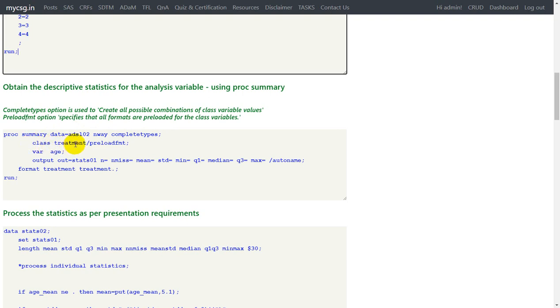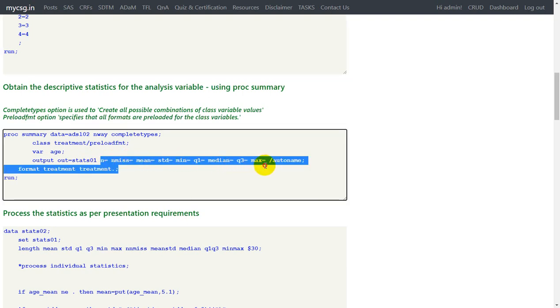On the class statement I am specifying my classification variable, which is treatment. And then on the var statement, we need to specify the analysis variable. In our example, age is the analysis variable. And then I am using an output statement to create a data set called stat01 by getting all the descriptive statistics.